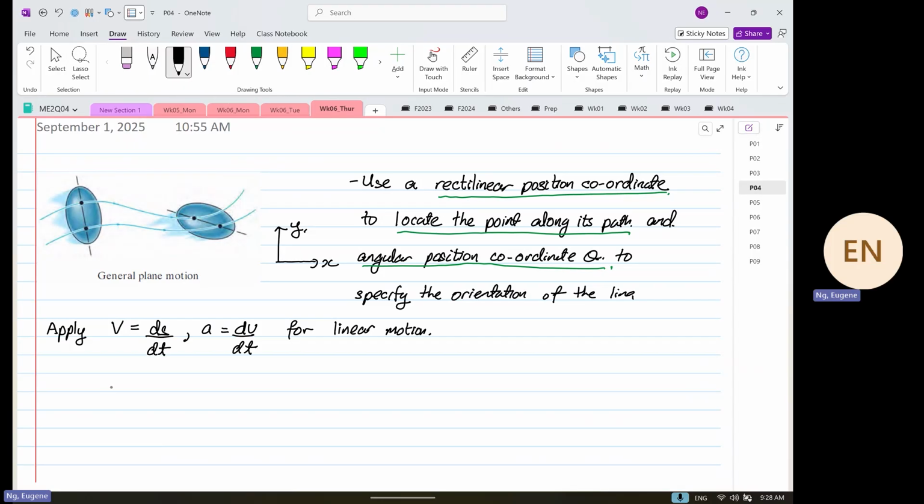And then we're going to apply omega equal d theta over dt, and alpha is equal to d omega over dt. This is for angular motion.